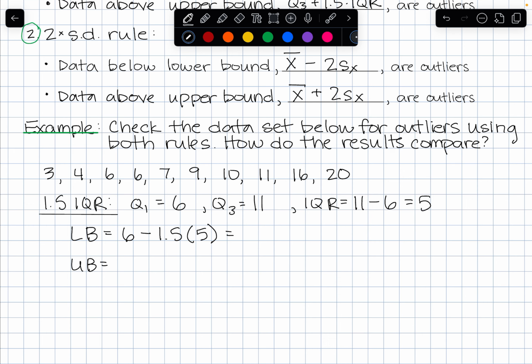And let's see, I get negative 1.5. Looking at my list, my minimum is 3. I don't have any data values less than negative 1.5, so there are no lower outliers. No outliers on the low end of our graph.